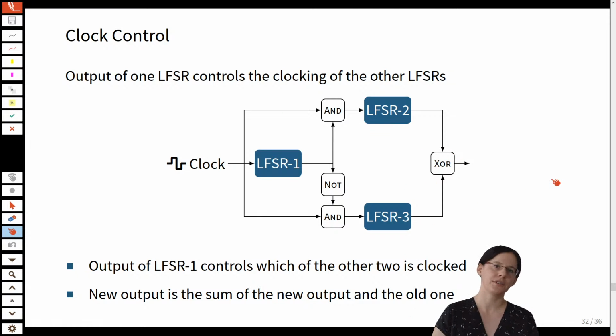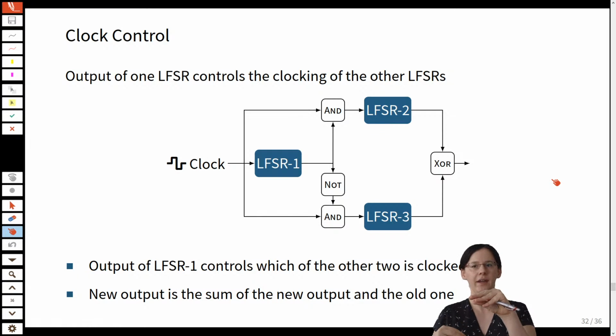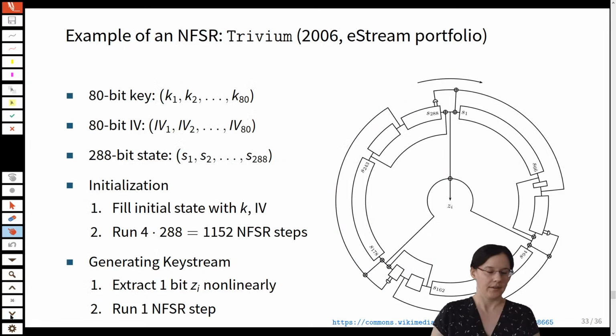So one LFSR controls which of the other two LFSRs advances, and then you XOR the new bit of the advanced one and the old bit of the non-advanced one, and this gives you the output. And now I have two pictures of stream ciphers which are not based on LFSRs. The first one of them is called Trivium.